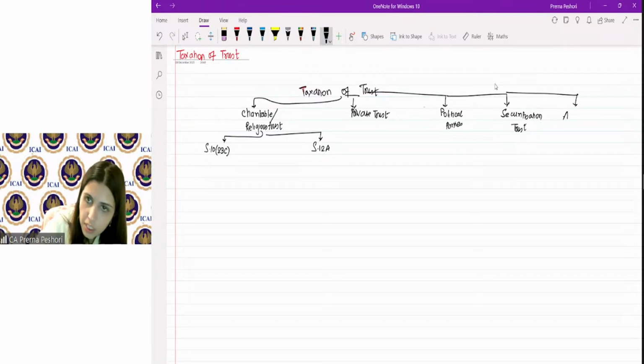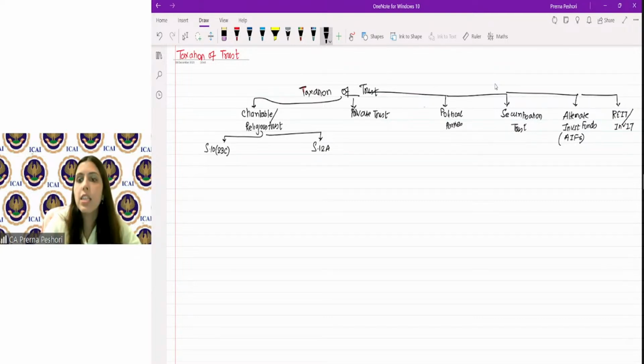Then we have the alternate investment funds, AIFs. And then finally we have real estate investment trusts and InvITs. Okay, so these are the trusts that we are going to cover under this particular regime.